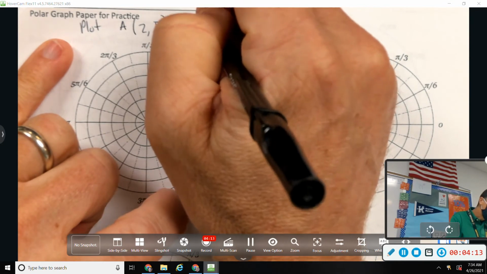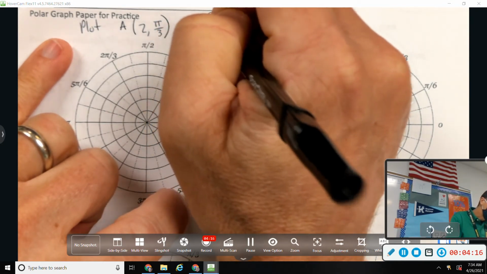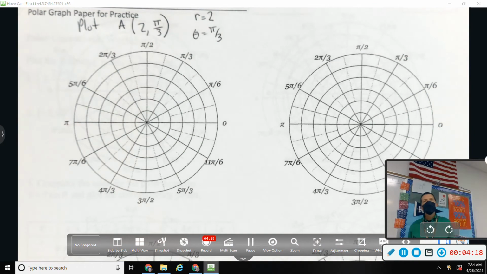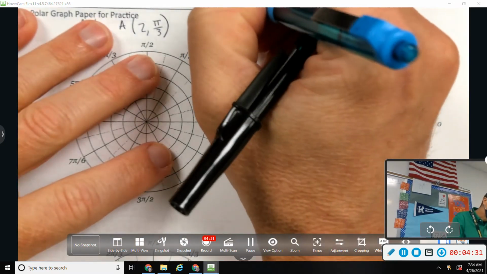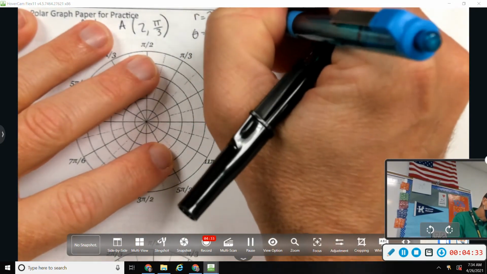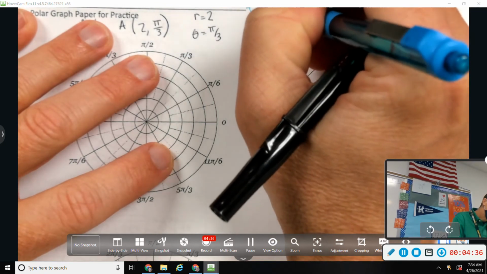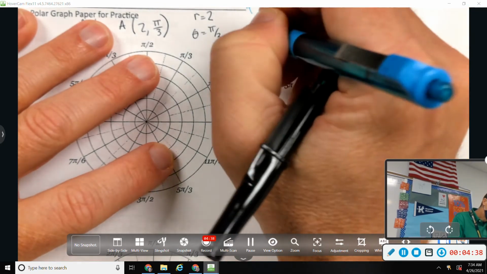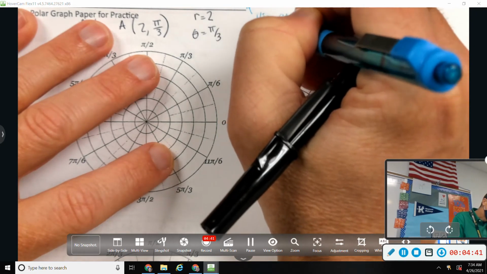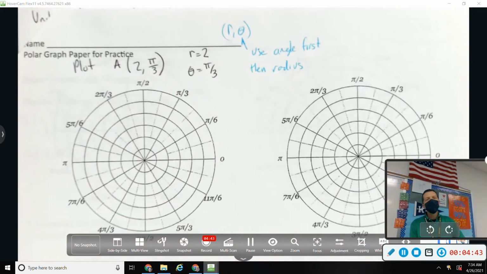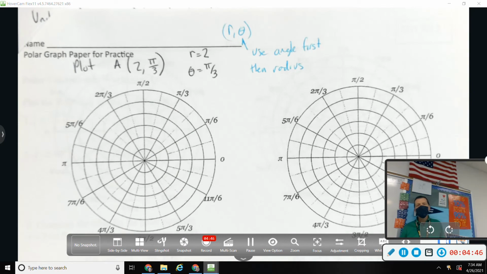That means r equals 2, theta equals pi over 3. You can use either one first, just like with x and y. It doesn't really matter as long as you're keeping track of what direction you're going. But I think it's usually best to use theta first, and then the radius. You'll see why in a minute. For now, let's use the angle first, and then the radius.